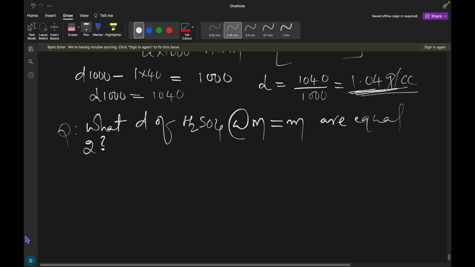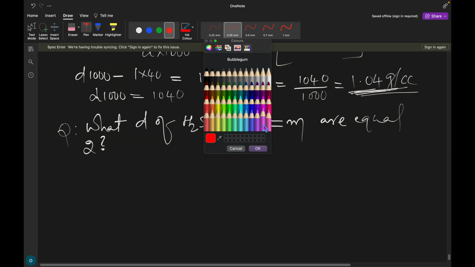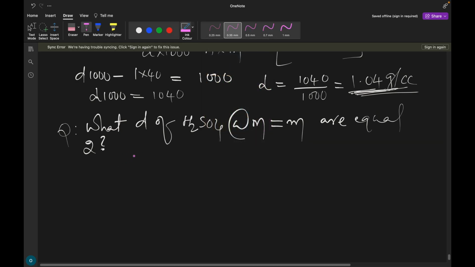We use the same formula. So 2 equals 2 into 1000 by density into 1000 minus number of moles, which are 2 here, right? Number of moles 2 into molar mass, which is 98. So you get the 2 cancelled out.